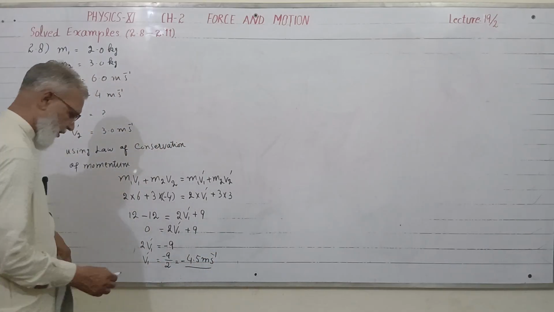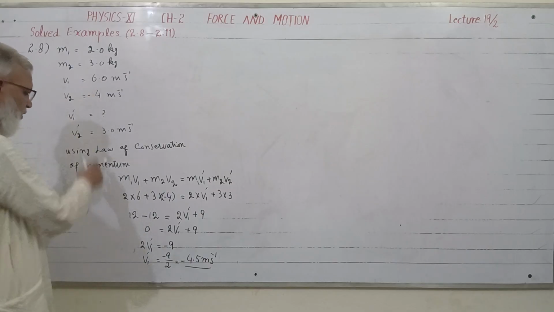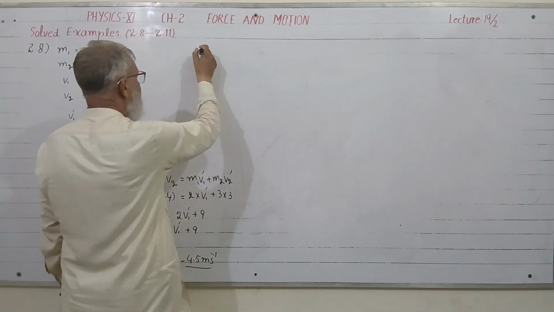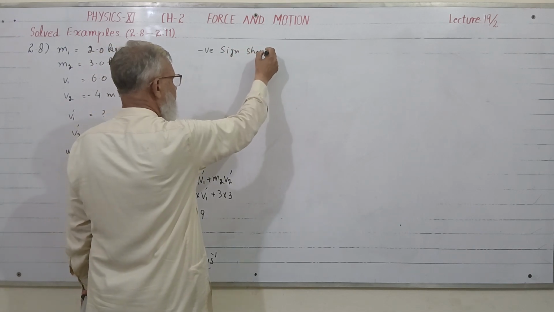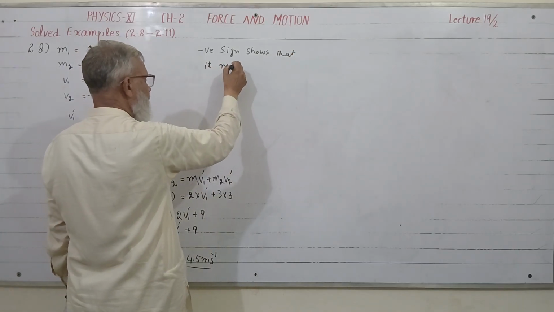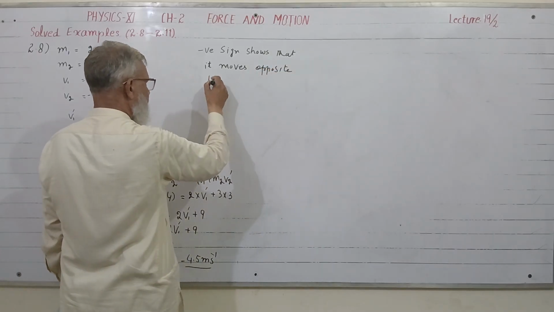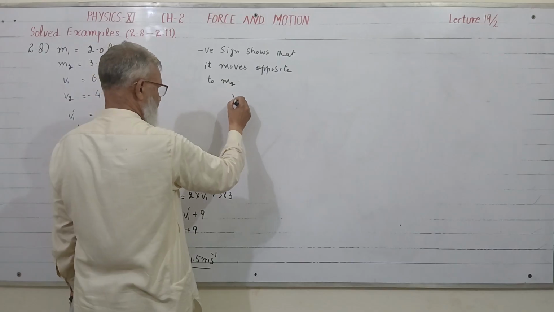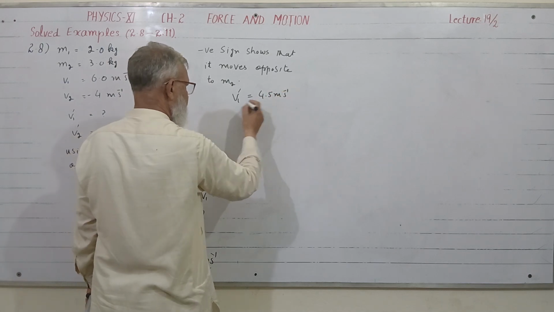The negative sign means that after collision it is moving opposite to M2. The negative sign shows that it moves opposite to M2, and its magnitude V1 prime will be 4.5 meter per second.